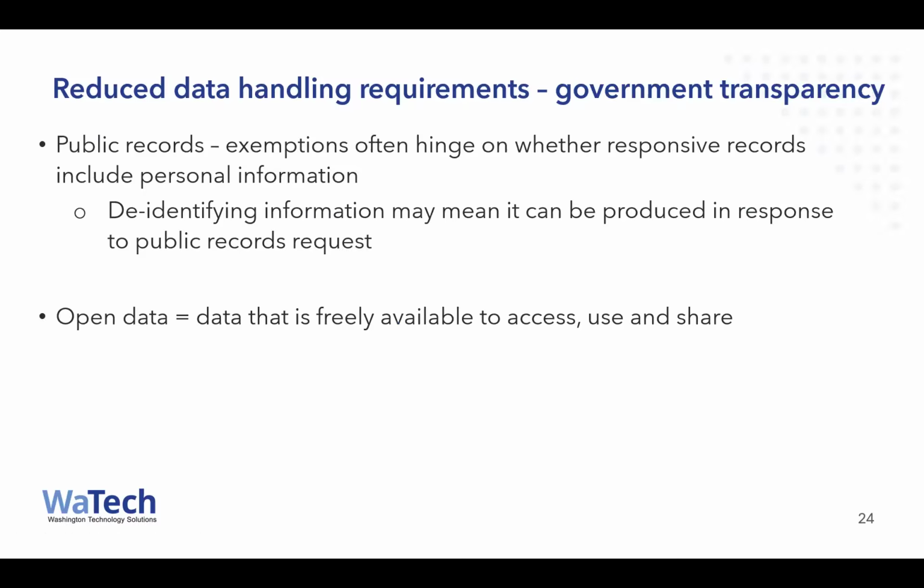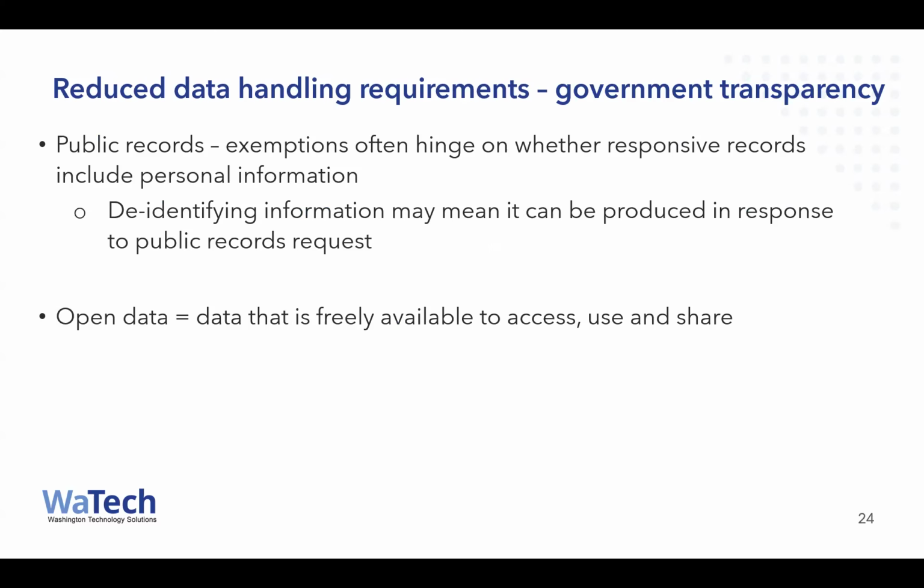This is also a really important concept around government transparency and this tension that we have between the fact that the information we collect and retain as agencies are public records and subject to disclosure, but yet at the same time we're trying to protect the sensitive information about the people we are serving.